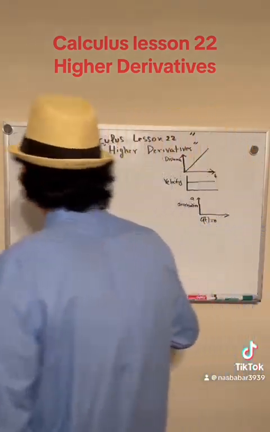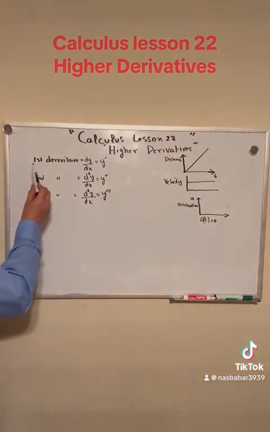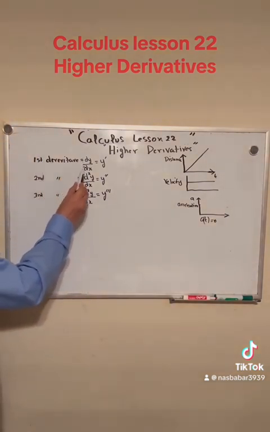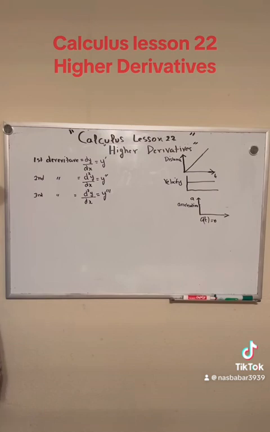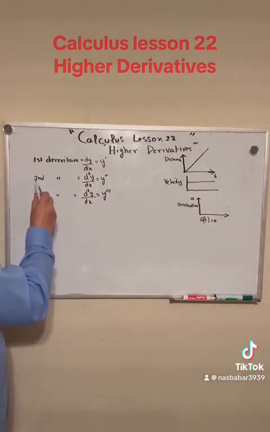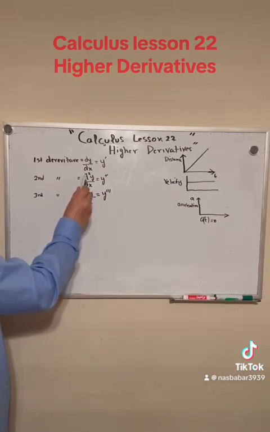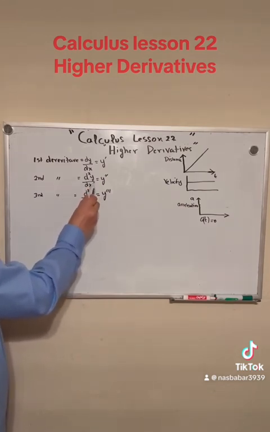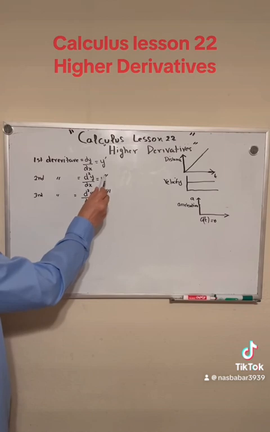I have it right here. The first derivative is dy over dx, which is y prime, and we've been doing that. Then if I take the second derivative, I get d squared y over dx squared, y double prime.